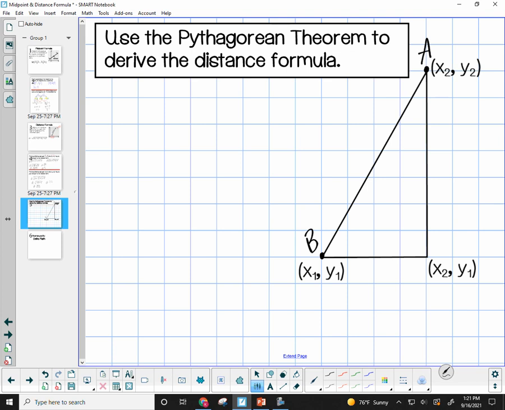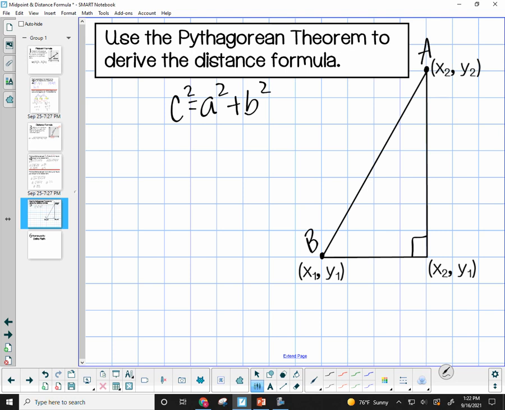Okay, I'm trying to find the length of this segment AB. I've drawn in a horizontal piece and a vertical piece because I was trying to make a right triangle. Because the distance formula is actually based on Pythagorean theorem that says a squared plus b squared equals c squared, right?